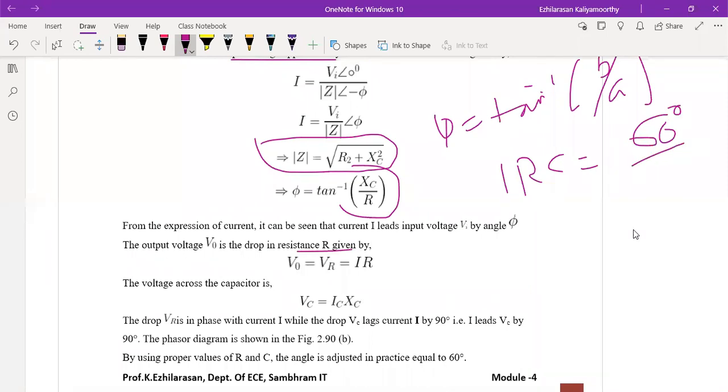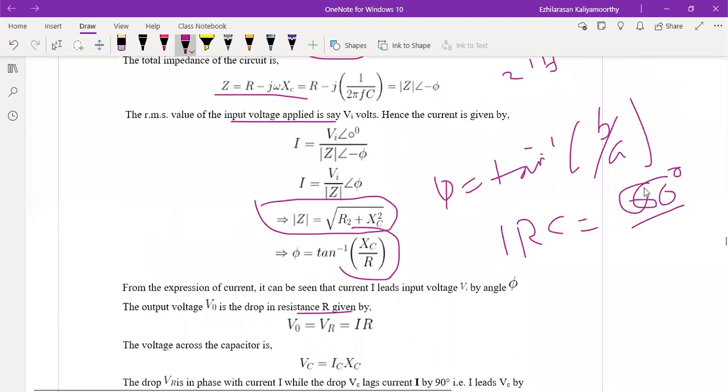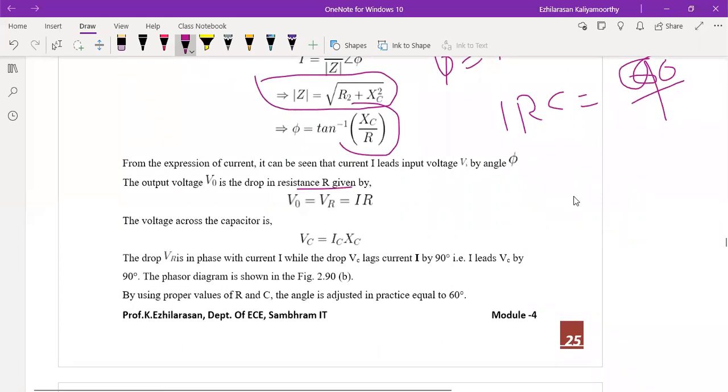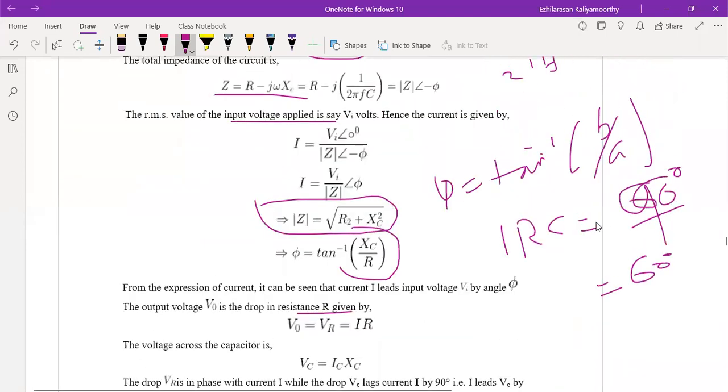One single RC circuit theoretically gives 90 degrees, but if we choose proper resistance and capacitance values, the angle will be adjusted to 60 degrees. Why am I saying 90?